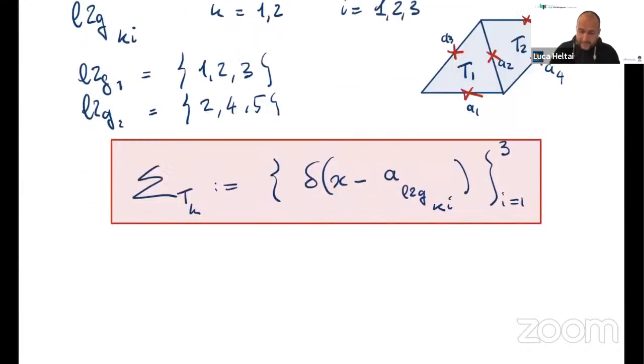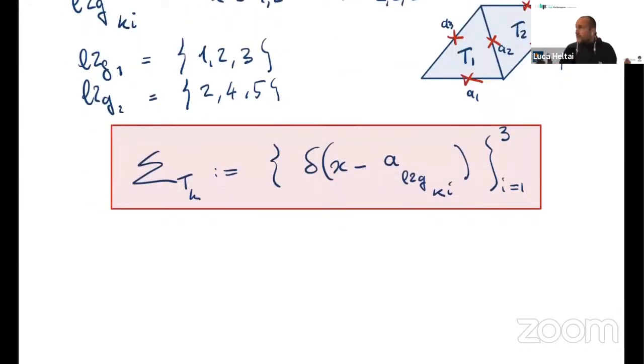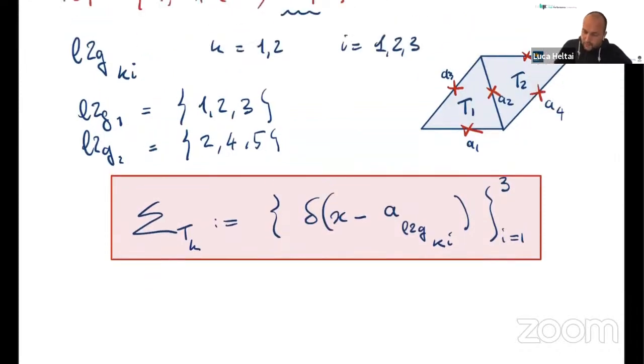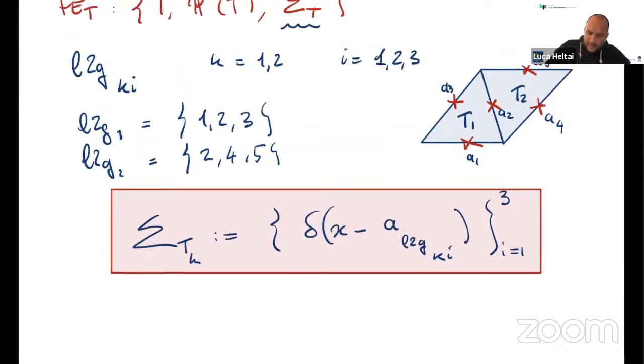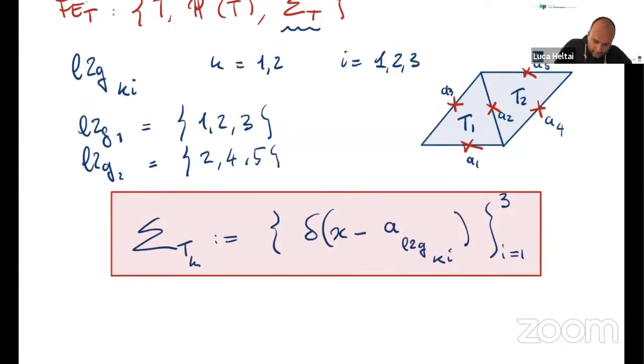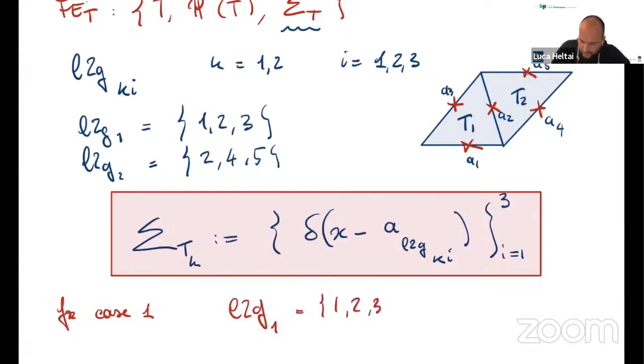So we had in case 2 and in case 1 two different types of situations. So the first situation that we had in case 1 was that the number L2G1 was still equal to 1, 2, 3, but L2G2 was equal to 1, 2, 3, 4, 5, and 6.